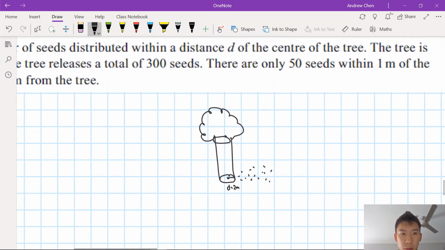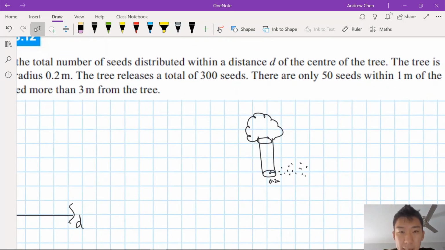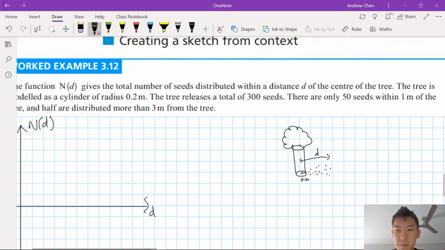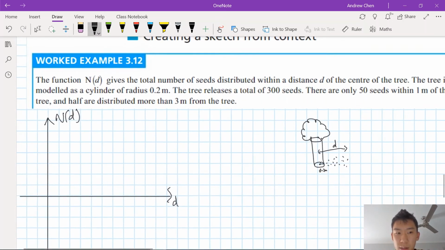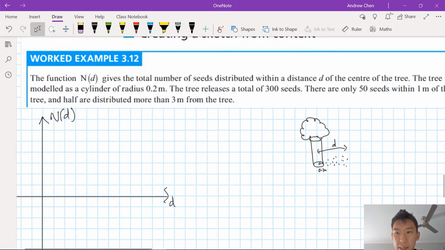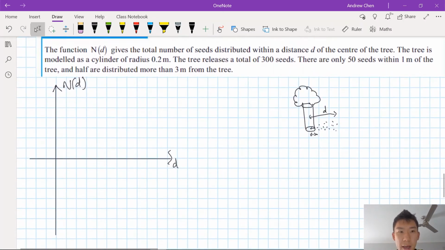It says the tree releases a total of 300 seeds. n of d is the total number of seeds distributed within distance d of the center of the tree. Whatever distance that is, that's d there. There are only 50 seeds within 1 meter, and half are distributed more than 3 meters from the tree.